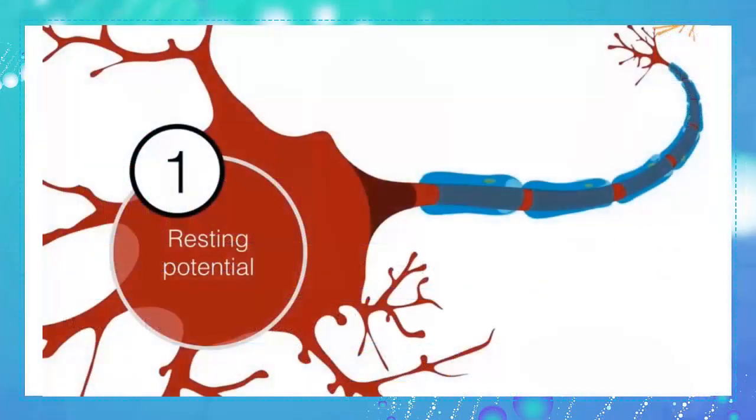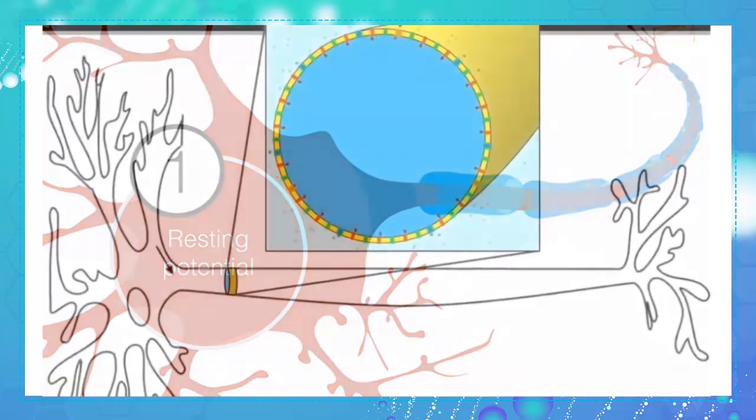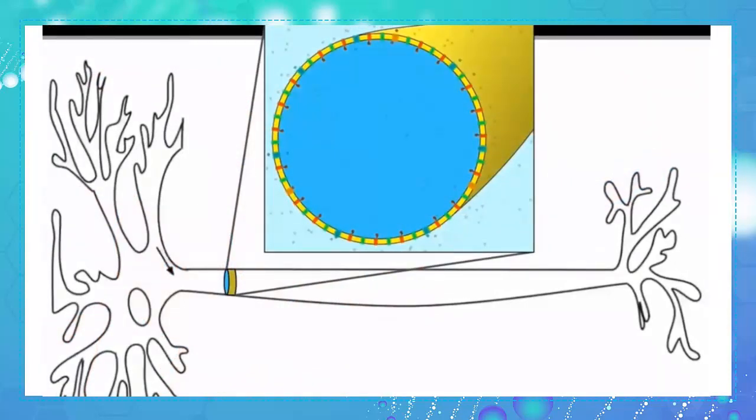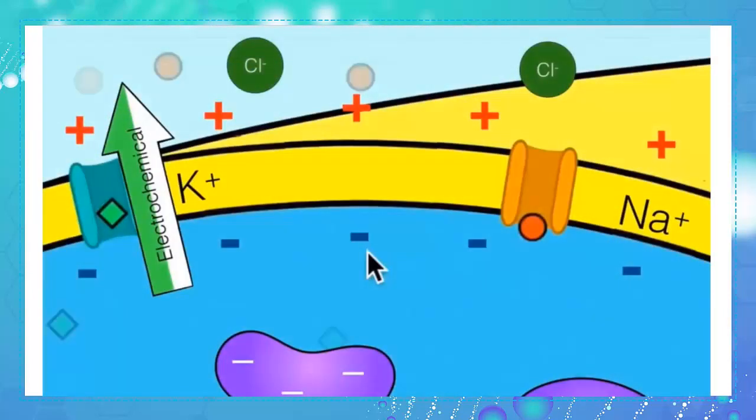In the previous document, you have learned that a neuron at rest has a potential difference across its cell membrane. You have learned that this potential difference is due to the unequal distribution of ions caused by the selective permeability of the cell membrane.